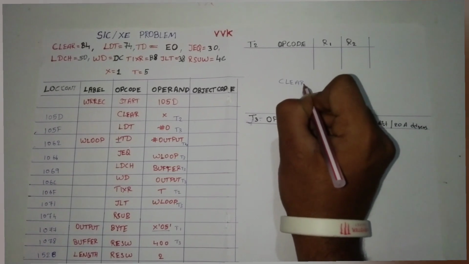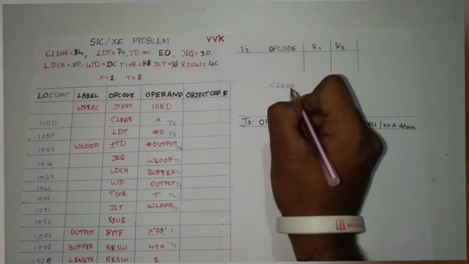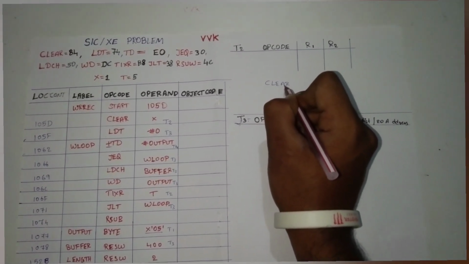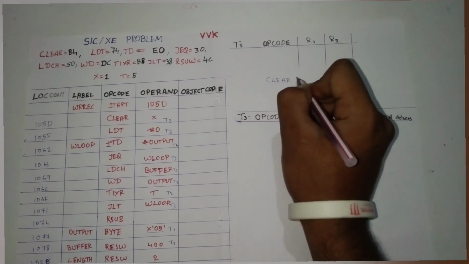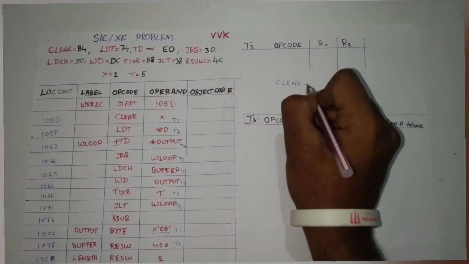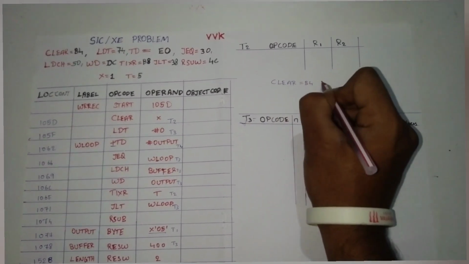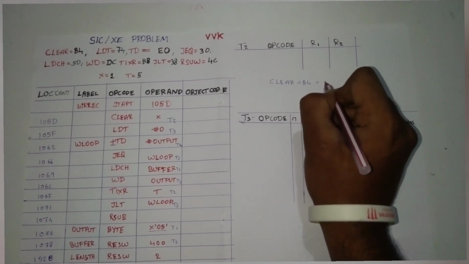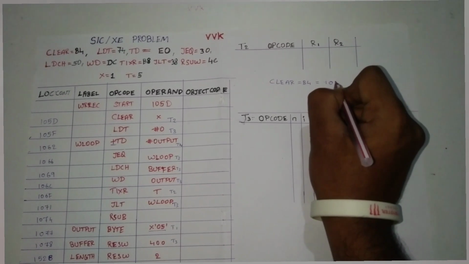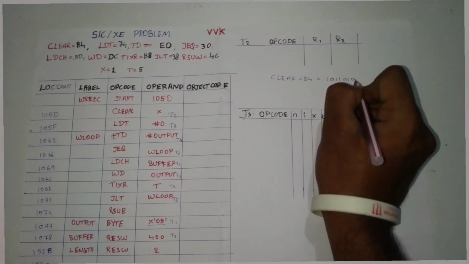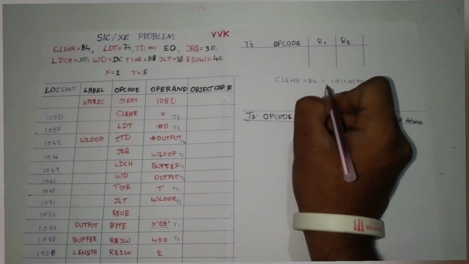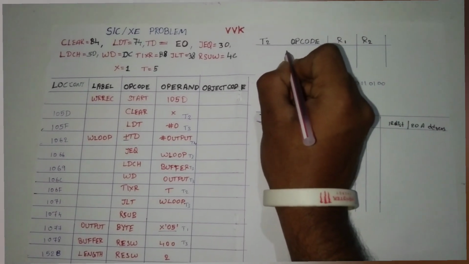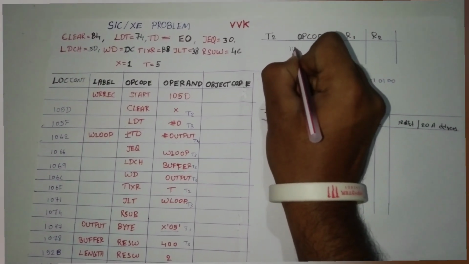For CLEAR, the opcode is given as B4. The B4 is converted into binary, that will be 10110100. Here we have to take 8 bits for the opcode, so we write 8 bits of that.